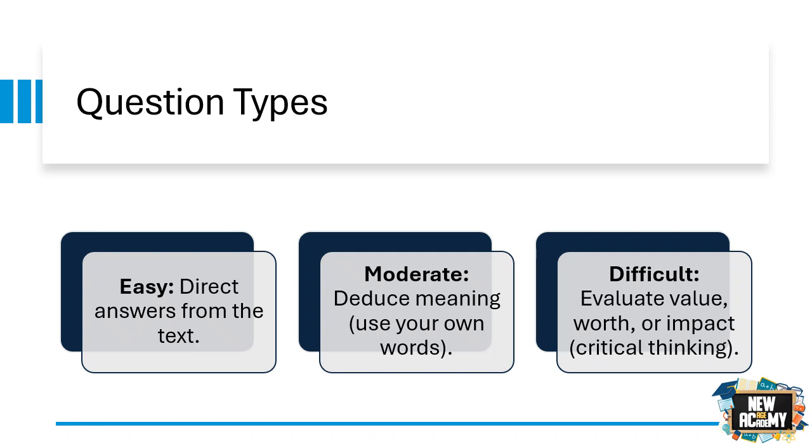Then when we go to the moderate type of questioning, this is where the question will be like, explain why the boy kicked the ball. How can you answer that?